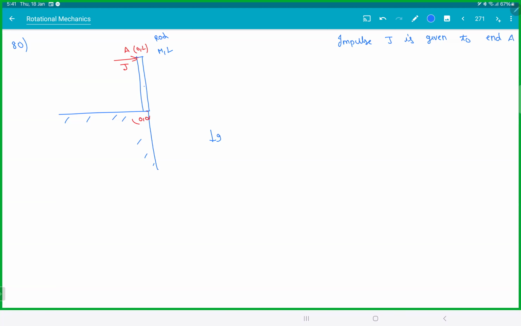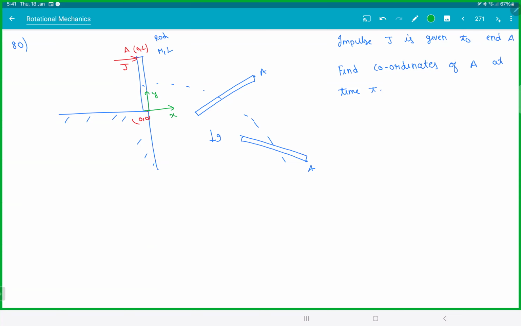So then what will happen? This rod actually starts rotating. That rod will start translating and rotating. Find the coordinates of A as function of time t. You can choose this as x-axis and this is y-axis.